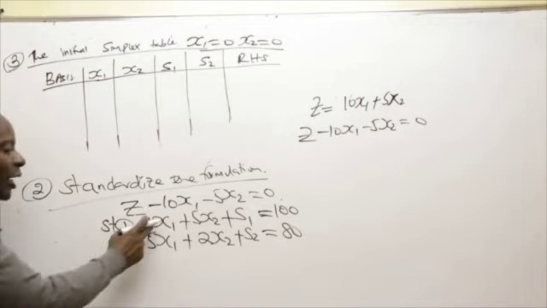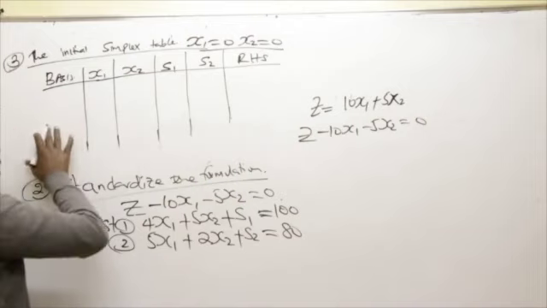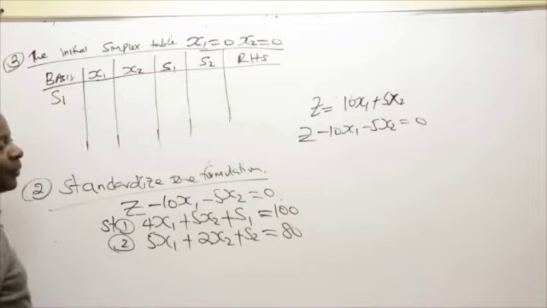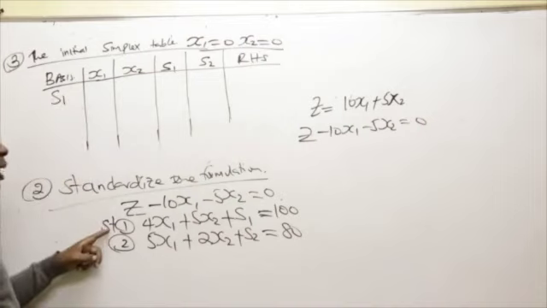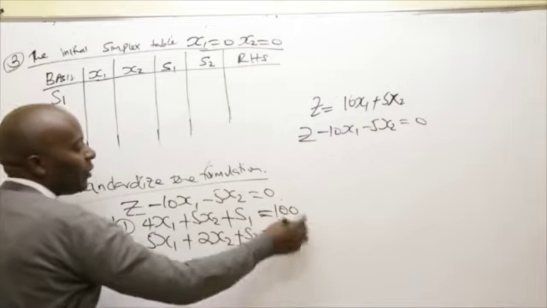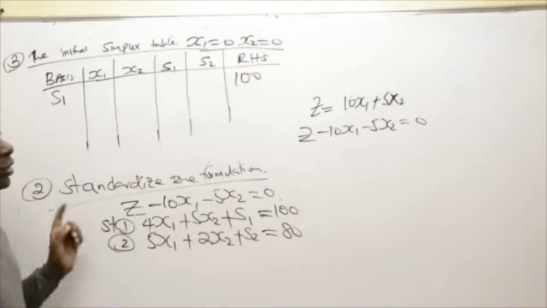So if x1 and x2 are 0 at the moment, then on the solution area, feasible area, we shall have the slack. So for constraint number one, I'll say slack one has got what right-hand side figure here? Slack one has 100. Slack one equals 100.